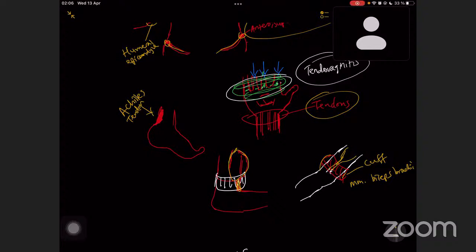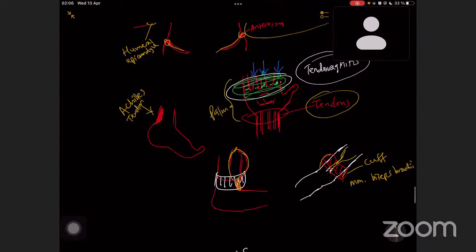On the distal transverse palmar fold, right? So this is your palm, right? So this is proximal. And this is your distal part, right? So again, this is distal of the palm, and this is proximal of the palm.